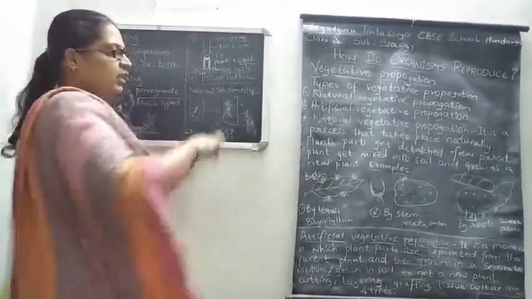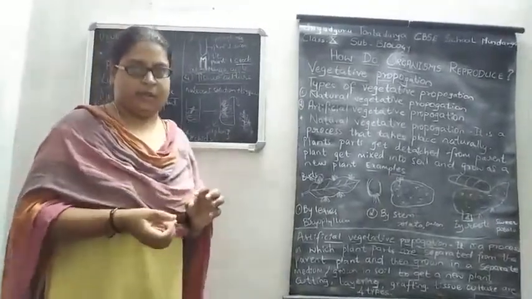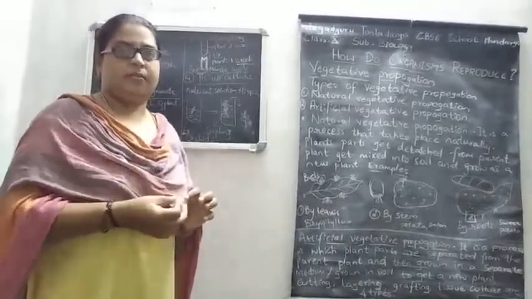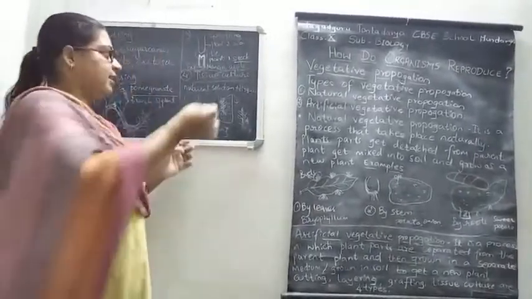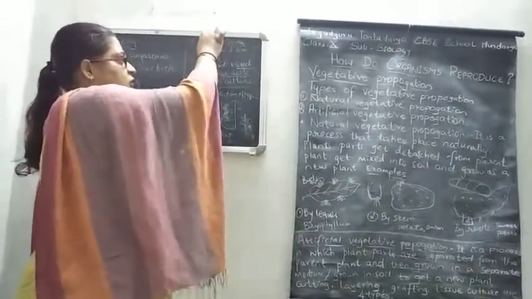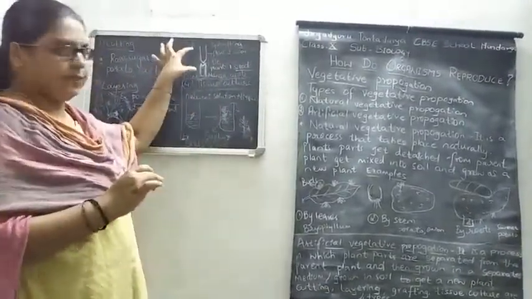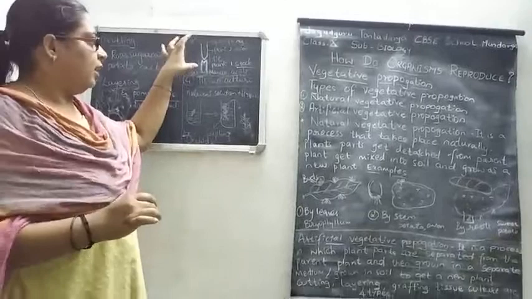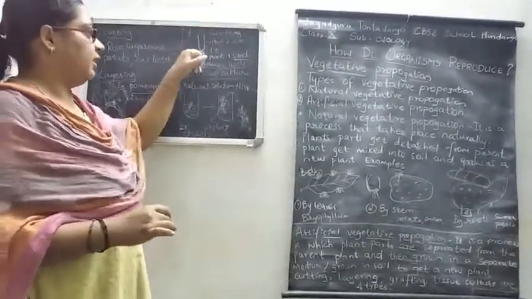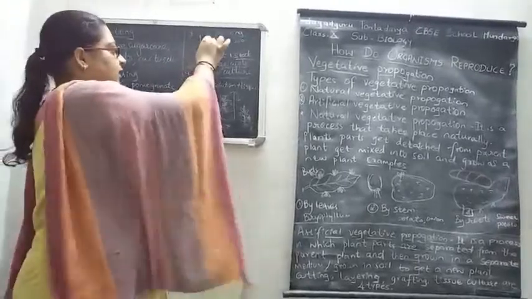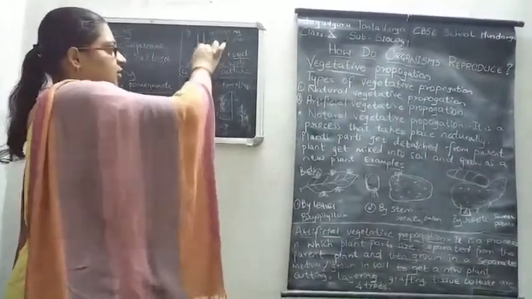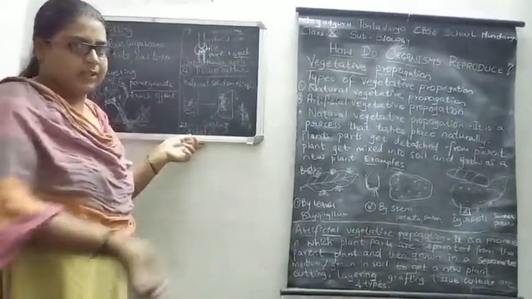Another plant, a mango only, which will produce sweet mangoes, is selected and cut in this fashion. These are the stems of two different plants. We will tie these stems, and we will put them in soil.